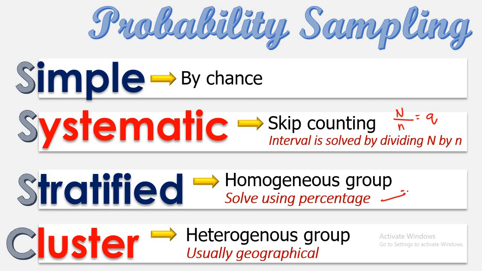We use percentage, that is group size over population size times sample size. Each group will be a basis in taking a sample. For cluster random sampling, the groups are heterogeneous, usually geographical. In this type of sampling, we are taking all members of a chosen group.